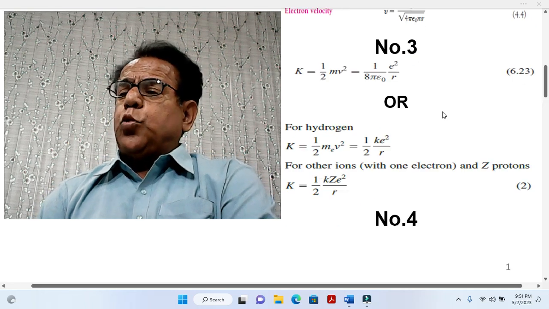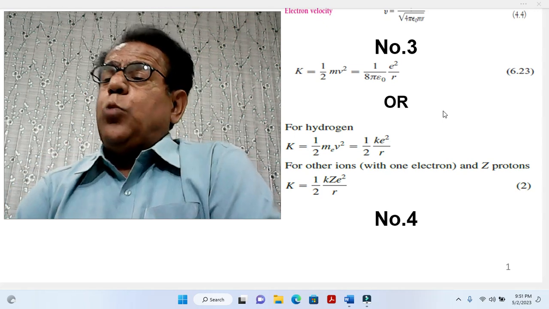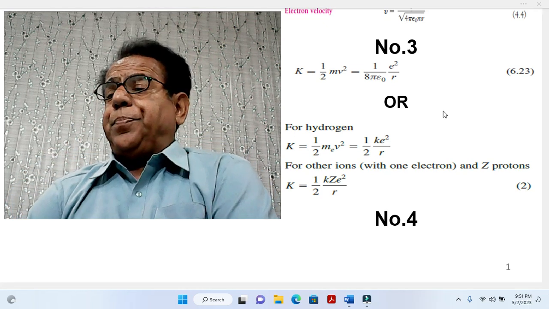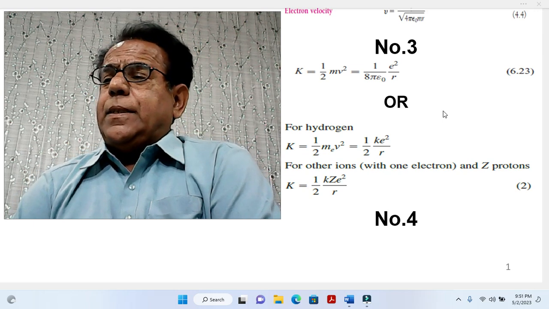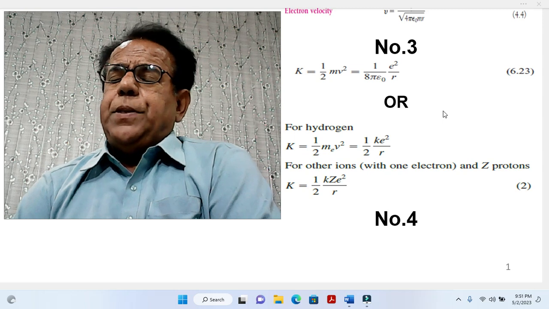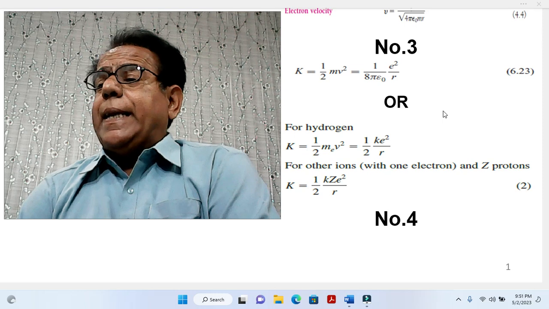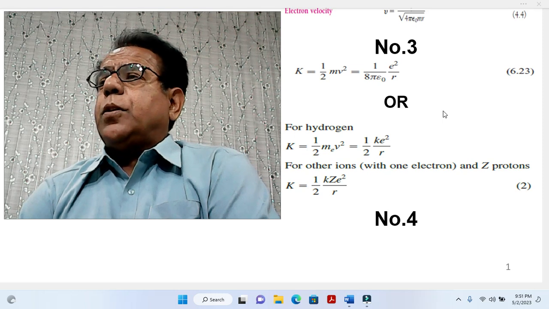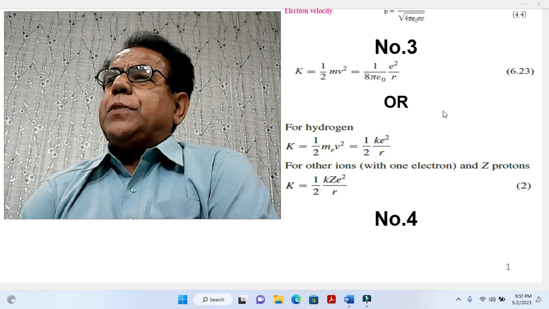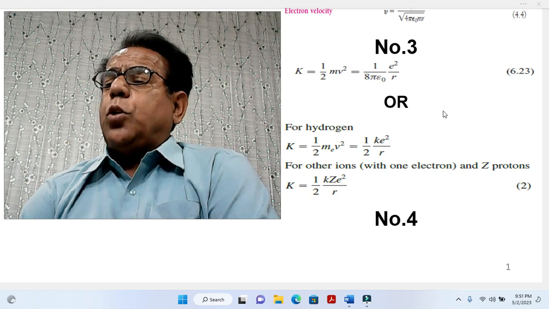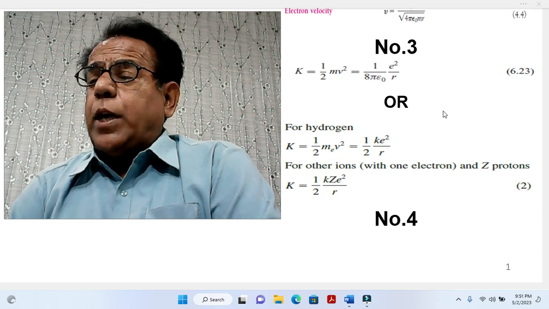Now we move to tool number 3. Tool number 3 deals about kinetic energy K. In the previous tool, I had said that small k denotes Coulomb constant or electrostatic constant, which is equal to 1 over 4 pi epsilon naught, but it is capital K. Capital K stands for kinetic energy.